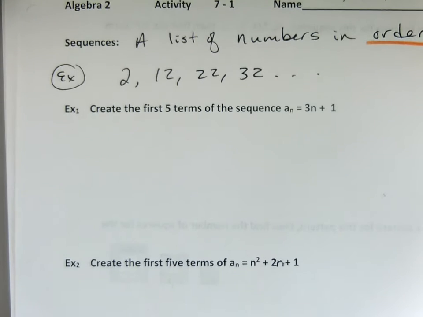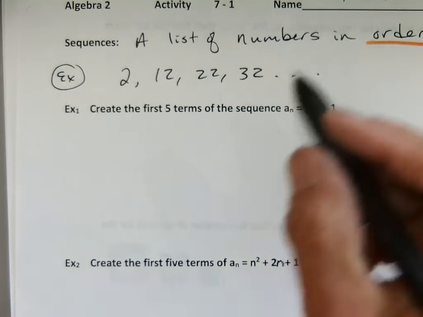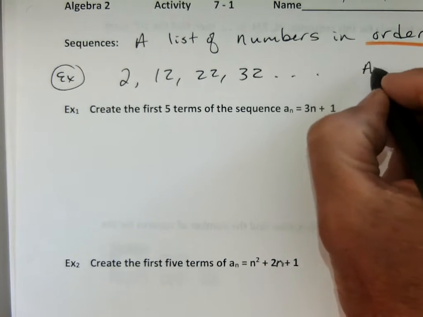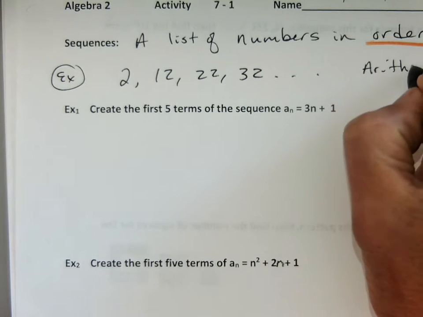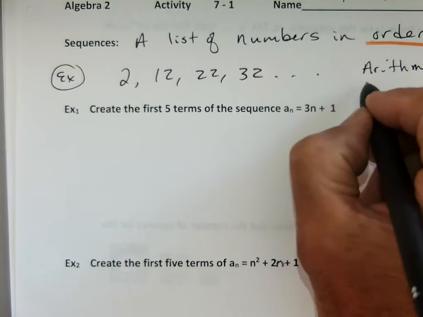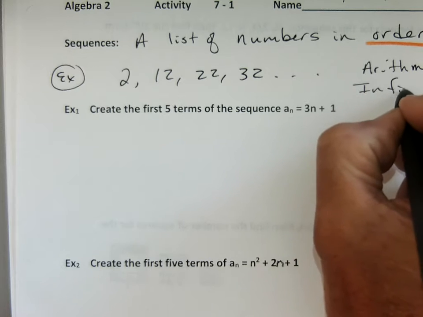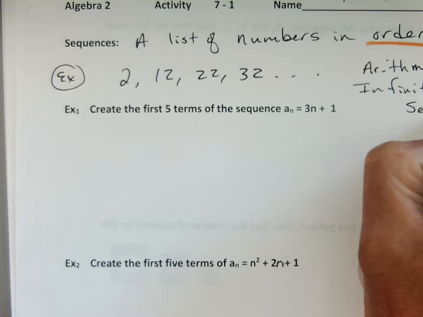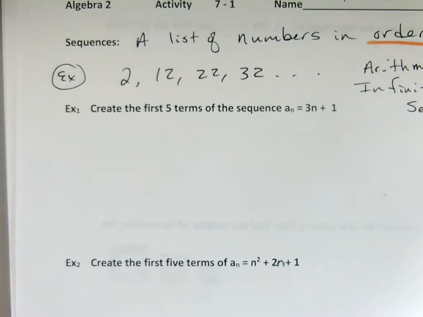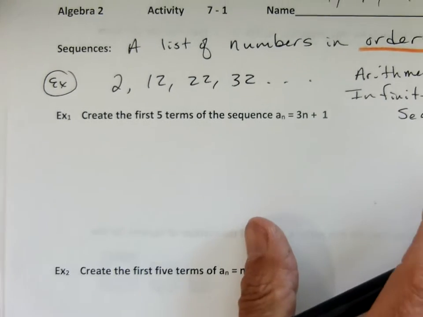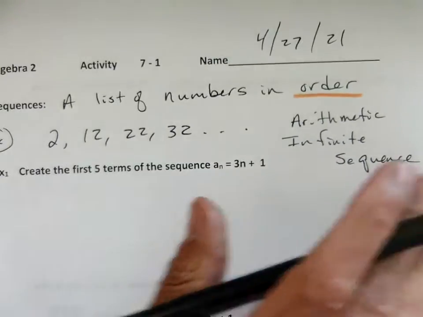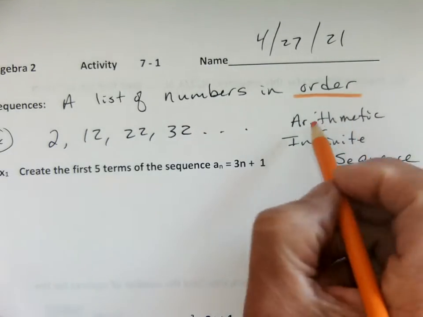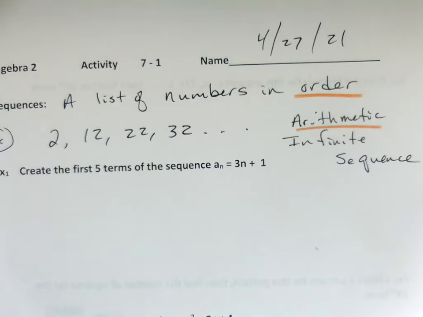This particular one is called an arithmetic infinite sequence. Arithmetic because you're adding 10, adding 10, adding 10, and that's where the term arithmetic comes in. Arithmetic means you're just going to continue to add and add.